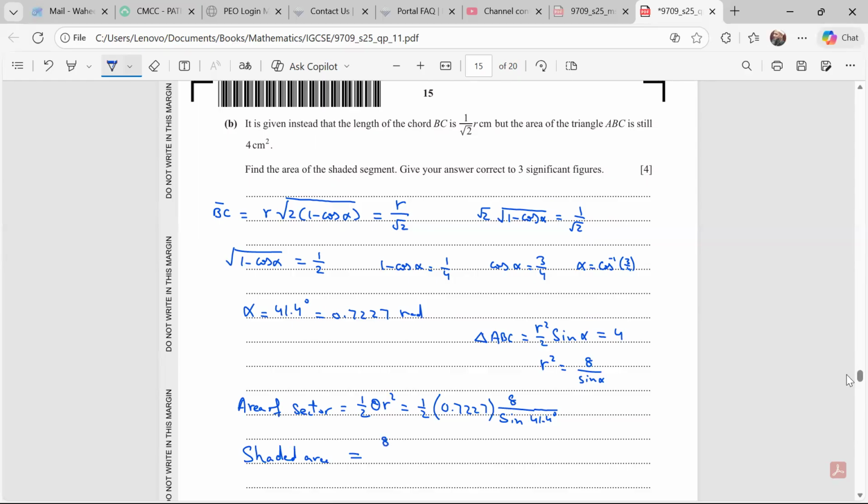So it is 8 times 0.7227 divided by 2 times sine 41.4 degrees, minus 4. Okay, this is the area of the shaded region. So when we solve this, our answer comes out to be 0.372. Okay, so it was a good, challenging question. Anyway, I hope you understand everything.